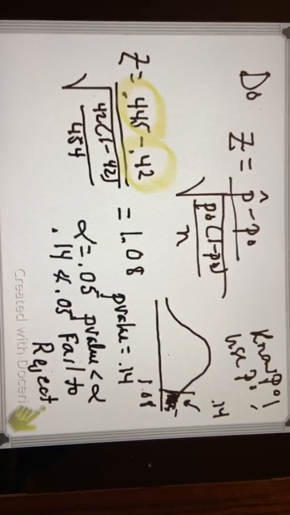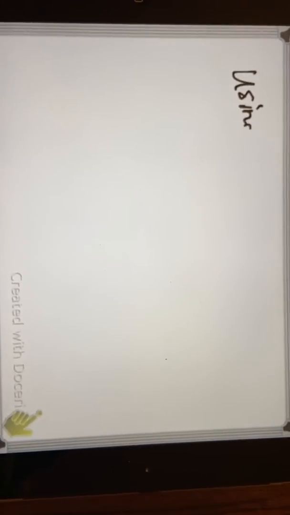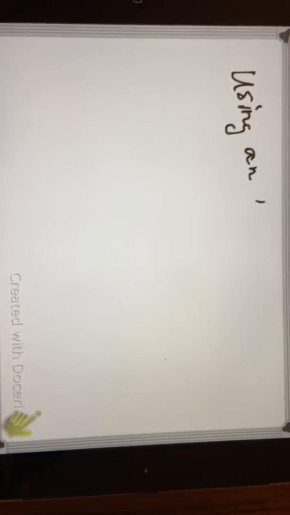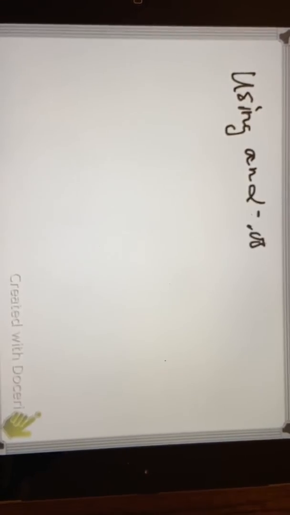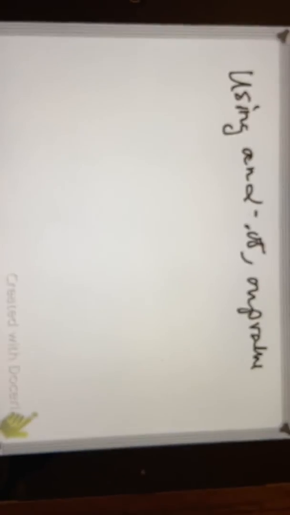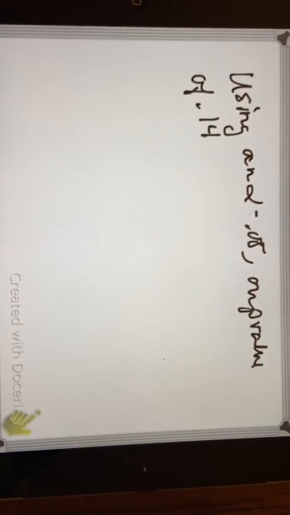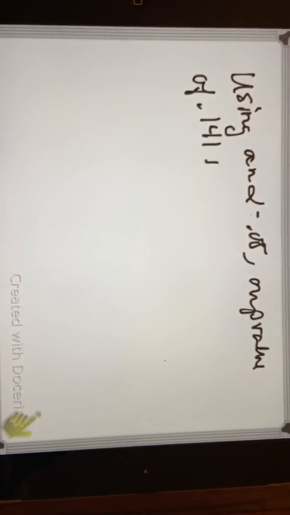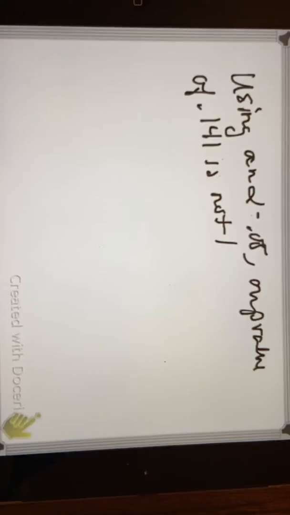Well, your conclusion says this. You got to include what type of alpha you're using. Using an alpha level of 0.05, our p-value of 0.141 is not less than that.